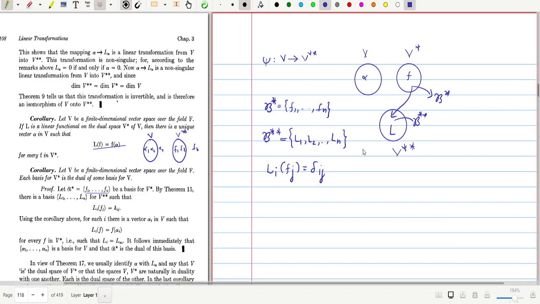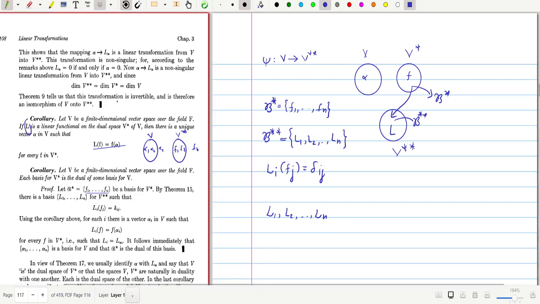But we know that if we have the elements L1, L2, etc., Ln, then from corollary 1, each L belonging to V double star has an element alpha with this property.